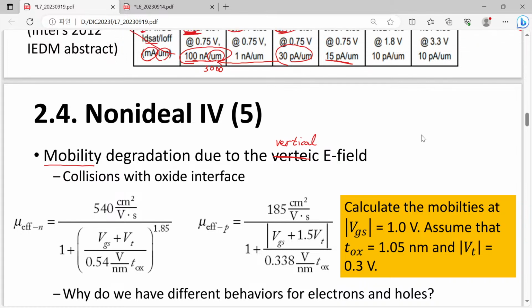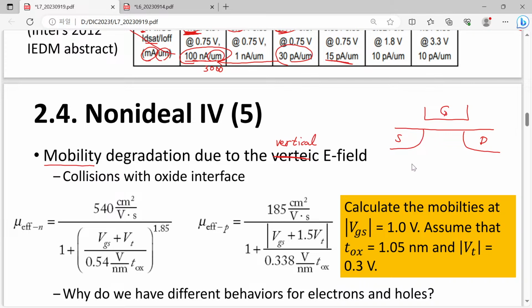So what is vertical here? Then what is lateral? Please have a look at this diagram. Although we are now in the era of three-dimensional transistors, still sometimes we draw in this way. Here we have a source, drain and gate. Even in this course we are doing it this way, although our transistors are fabricated in a slightly different shape. But anyway, in this case, what is vertical and what is lateral?